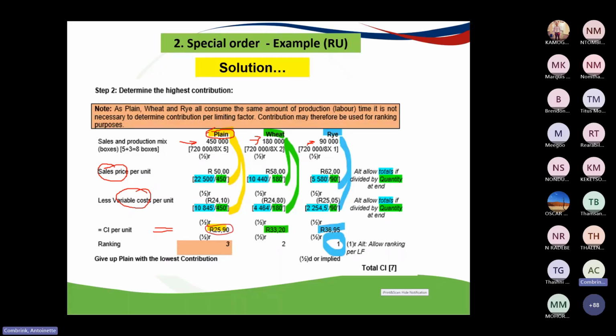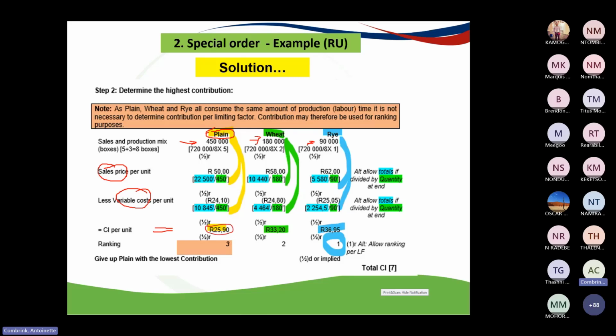Okay, excellent. Namira, please go ahead. I think we should give up plain because it has the least contribution per unit compared to wheat and rye. Excellent, fantastic, yes. Like Namira said, the one with the lowest contribution would be the one that you would sacrifice.